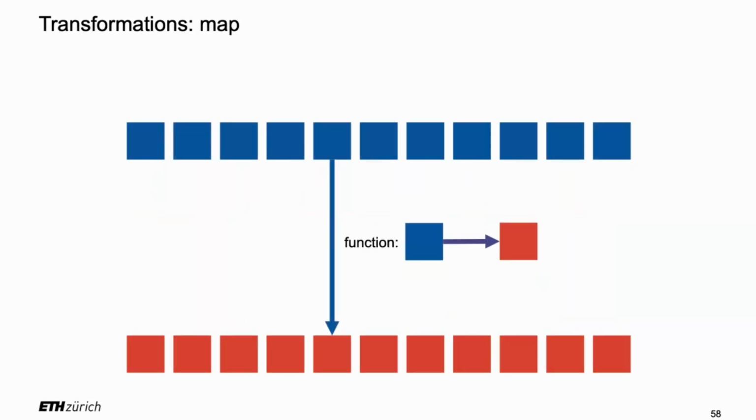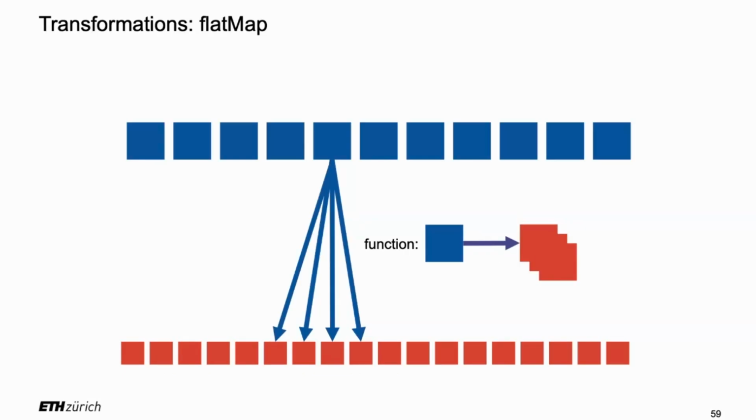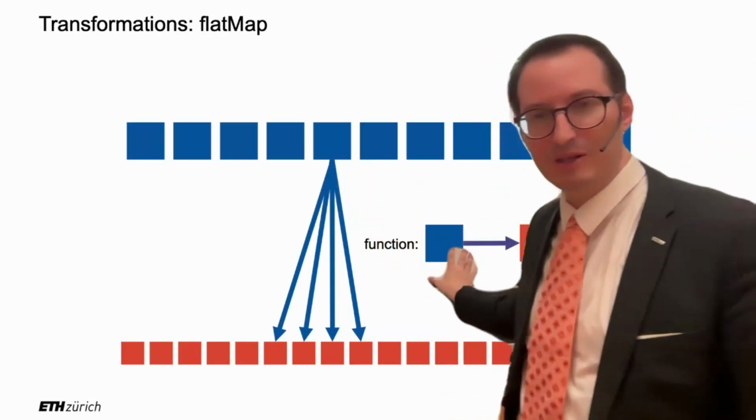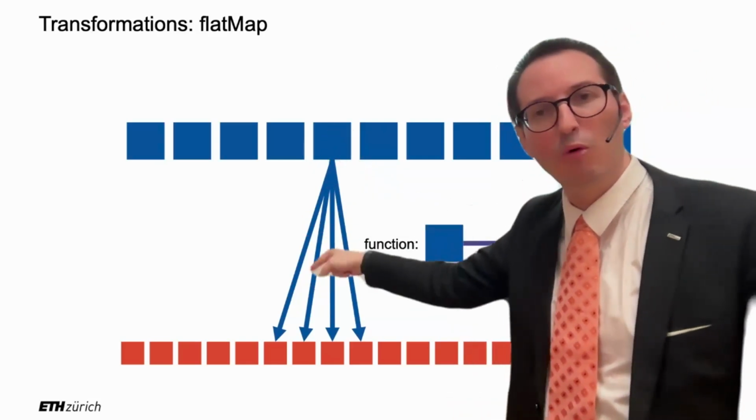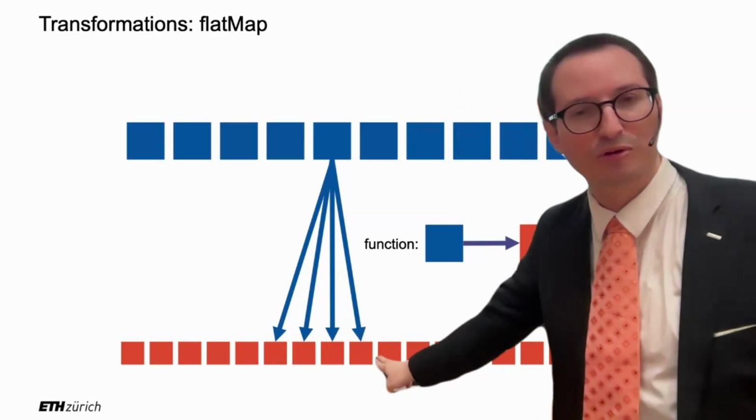Here's another one. It's called map. A map transformation takes one value from the input and outputs one value to the output, right? So that's what it does. A third one is flat map. Flat map needs a function that takes one value and it outputs 0, 1, or more output values in here.